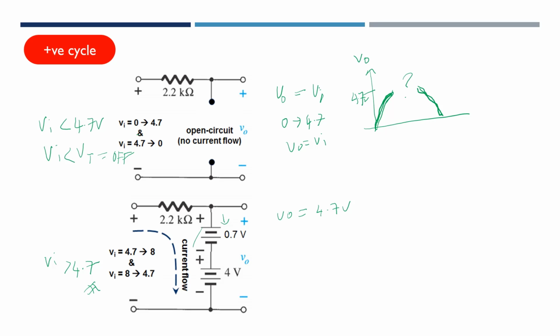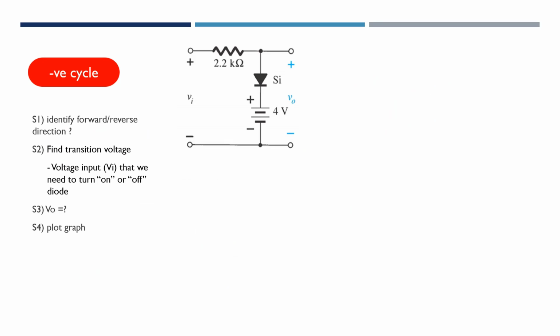This value is always maintained for every increment of the VI. So our V out remains 4.7. When we draw the graph, while our voltage is greater than 4.7, our V out is always 4.7 volt.